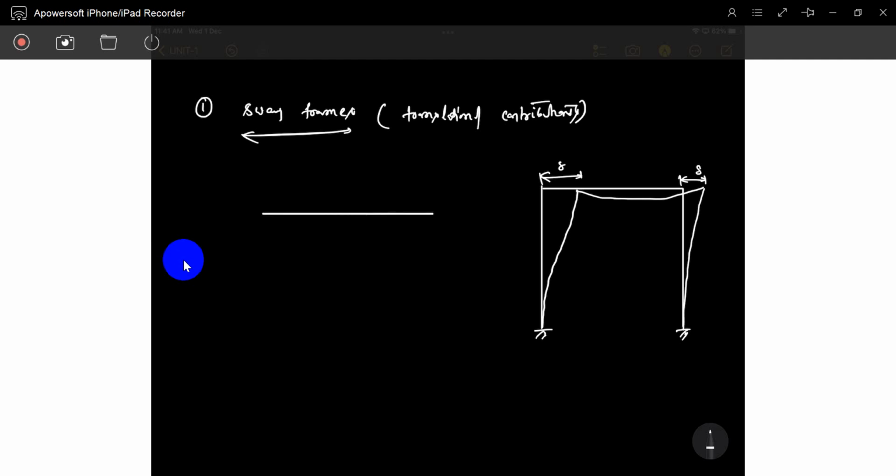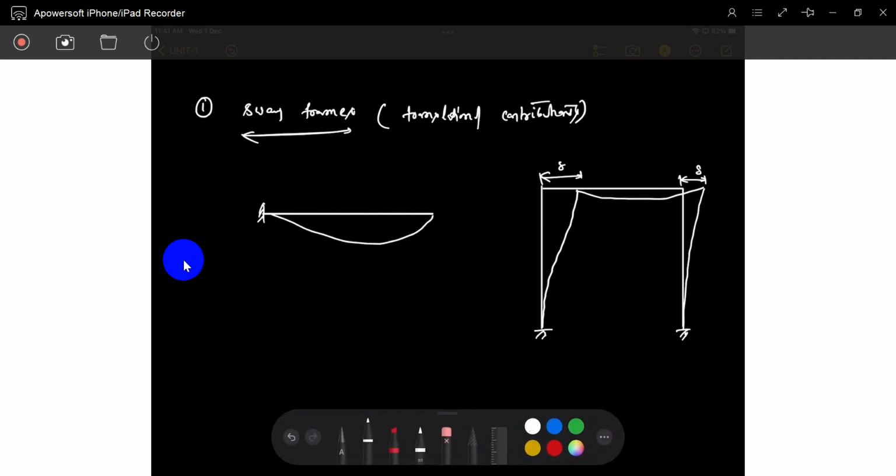Extra moments. If it is fixed, what will happen? If there is a translational support, how much is it? 6EI by delta over L square.